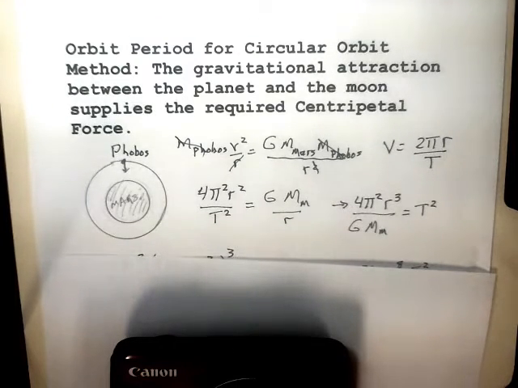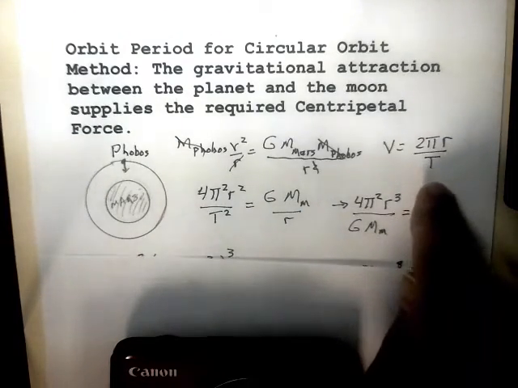Well, we can observe that some things cancel here. The mass of Phobos appears on both the left and right side, so I'll cancel that. There's one factor of r in the denominator on the left. I'm going to cancel one factor of r on the denominator on the right. And then I'm going to take advantage that the speed, the magnitude of the velocity, is found by the distance traveled, 2 pi r, the circumference of the circle, divided by the orbit period time.